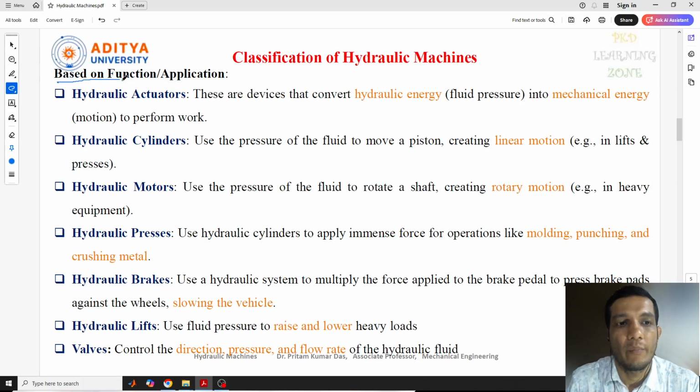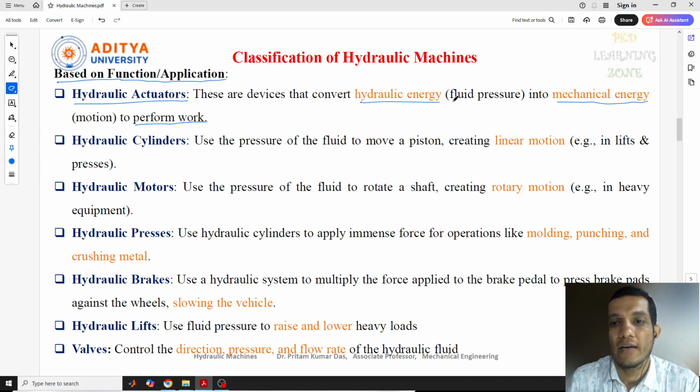Similarly, another classification is based on function and application. As I told you, based on function and application, hydraulic machines are also categorized into different types. The first one I have taken is hydraulic actuators. A hydraulic actuator is a device that converts hydraulic energy into mechanical energy to perform work.